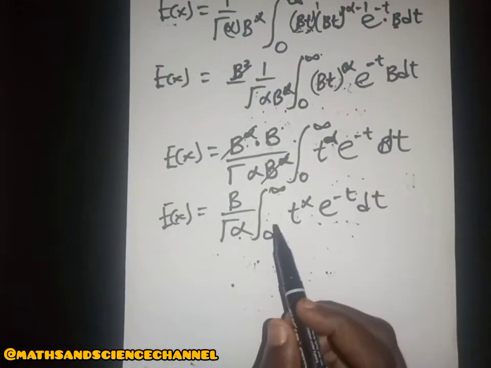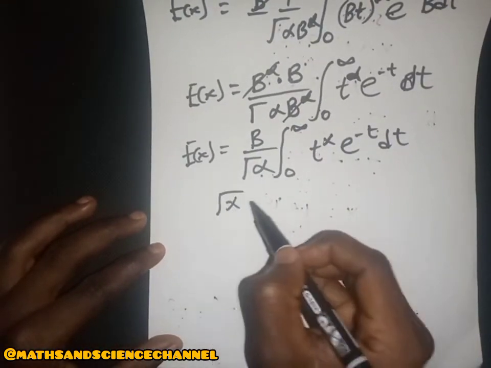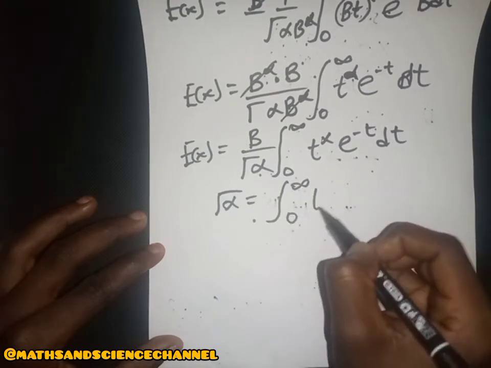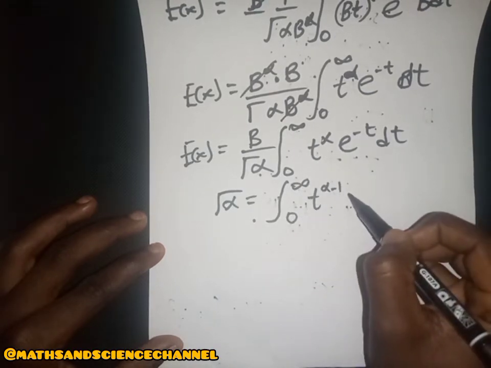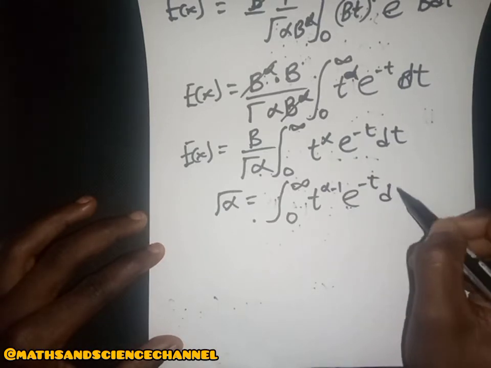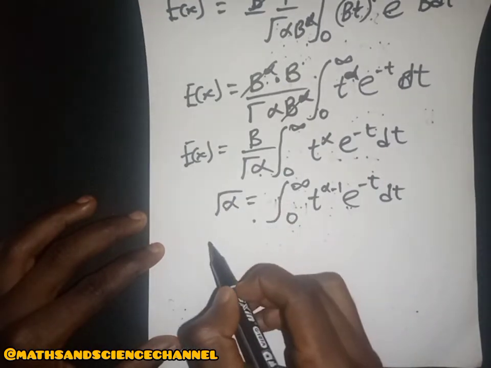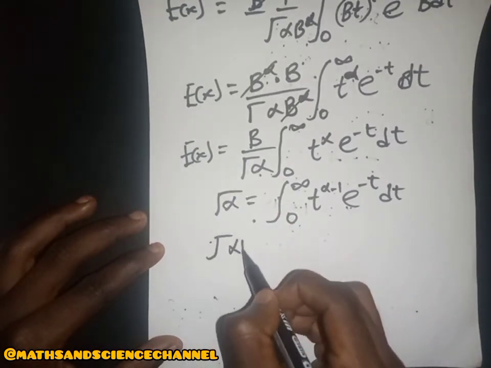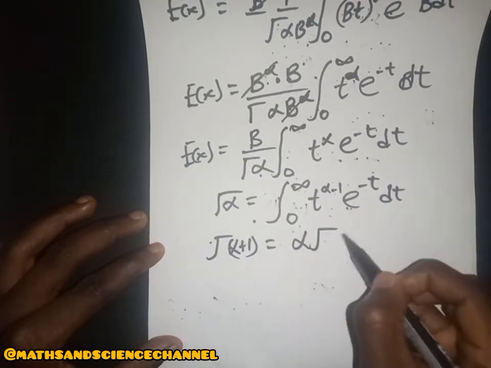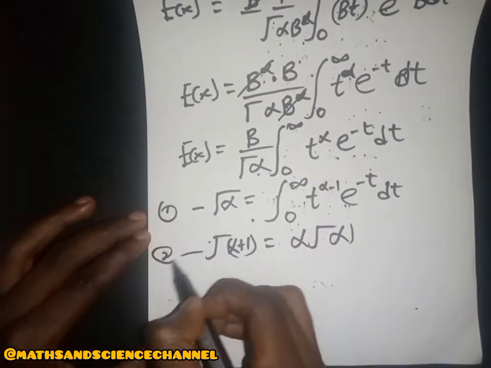So let me write the gamma function here again. So we have the gamma of alpha here being equal to, this is still from the gamma distribution function, the integral of t to the power alpha minus 1, e to the power minus t here and then dt, and it said this is equal to the gamma of alpha, and then it also says that the gamma of alpha plus 1 here is equal to alpha and then the gamma of alpha, so 1 and then 2 here.